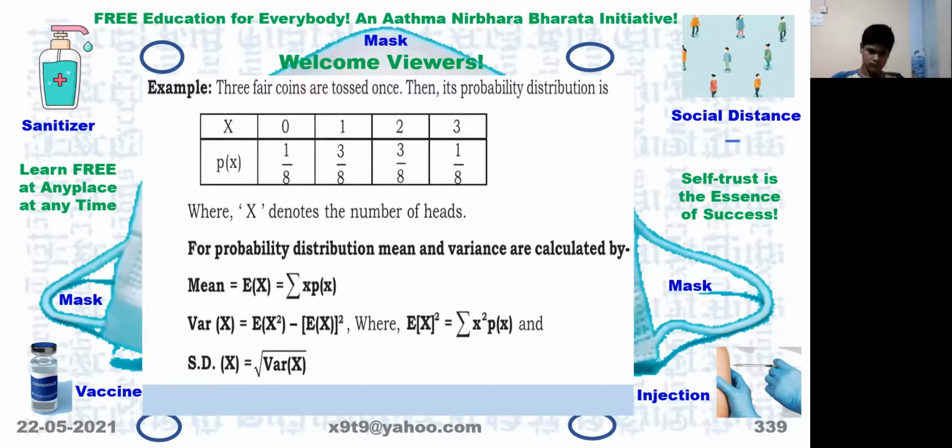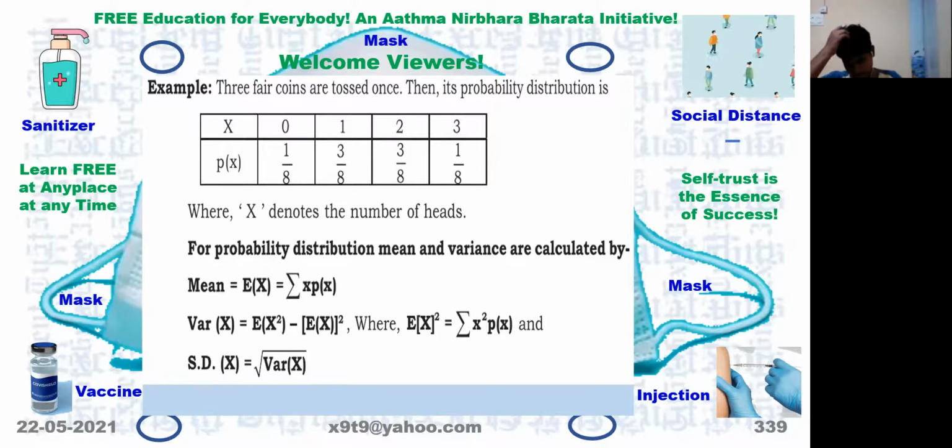That you call x into px. First column is x. Second column is px, p of x, within bracket x you have to write. Third column is x into p of x. Now all the values for x and px you multiply and write in the third column.